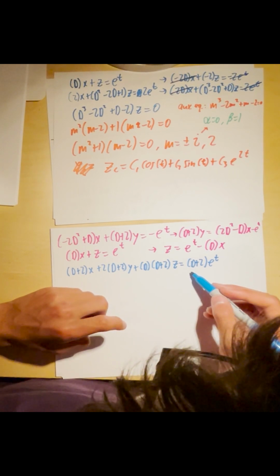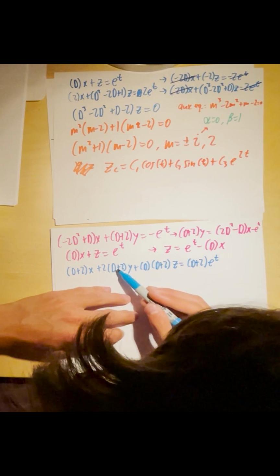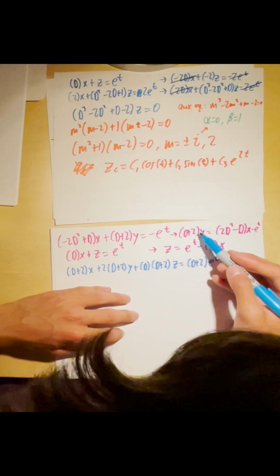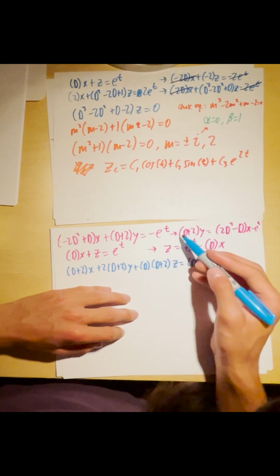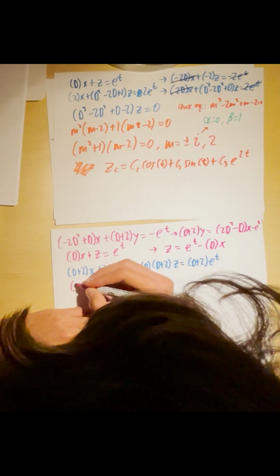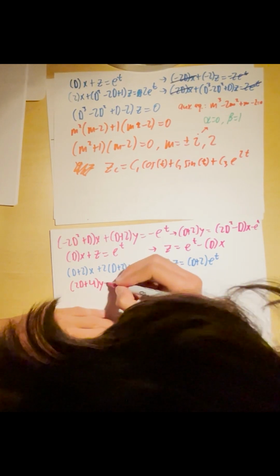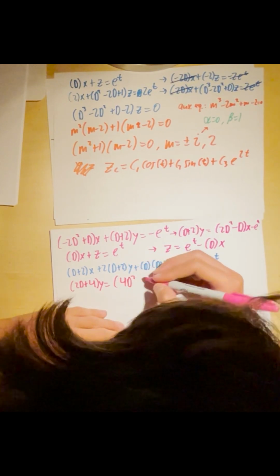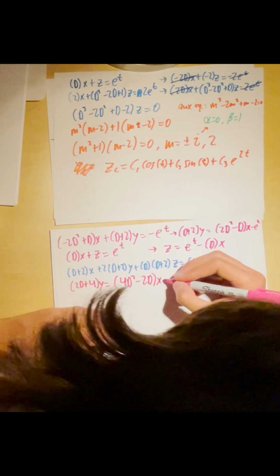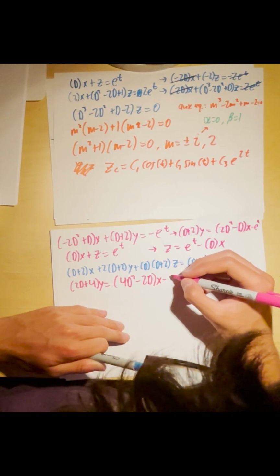And so now we have a 2 times d plus 2y term. We need a 2 in front of this one so that it'll match up. And so I'm going to multiply this equation through by 2. We'll get, I'm going to just factor it in, 2d plus 4y equals 4d squared minus 2d x minus 2e to the t.